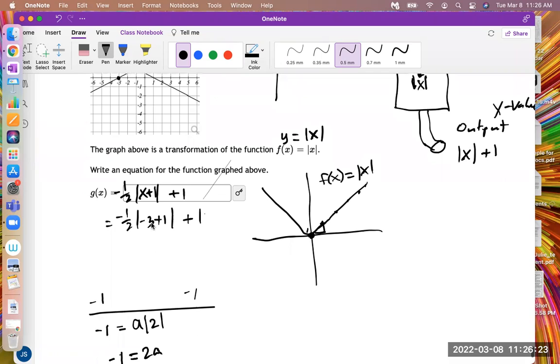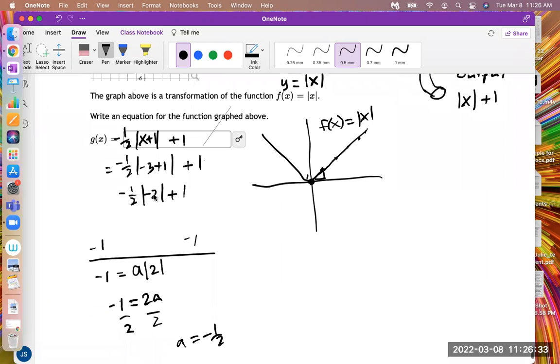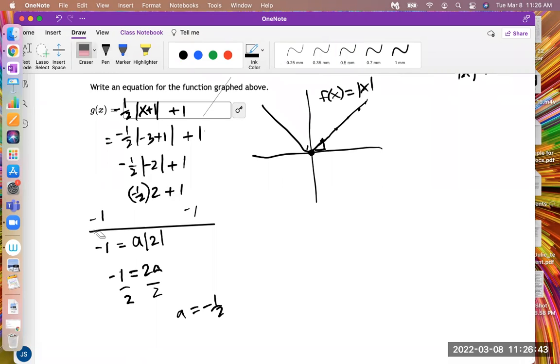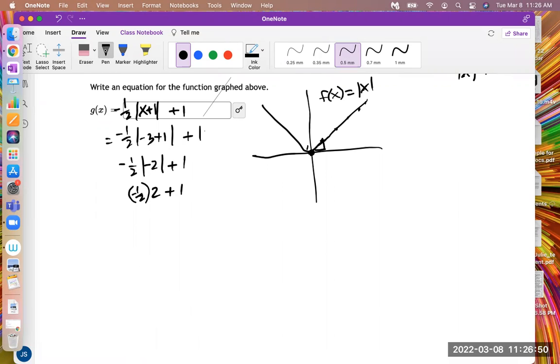I add those together, and I get -2. The absolute value of -2 is +2, but then times -1/2 gives me -1, right?